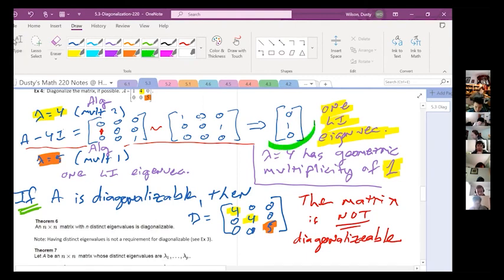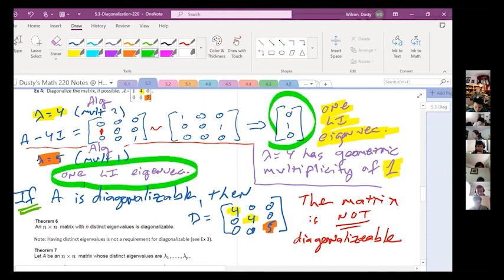One of them is right here, and the second one would have been below, but we didn't have to find it because we already knew this was going to fail because there weren't enough in the lambda equals 4 world. Dibs asked, does that mean we would have to find A to the 50th directly? I think so, which is not cool, or we'd have to find some other clever way of going about things.